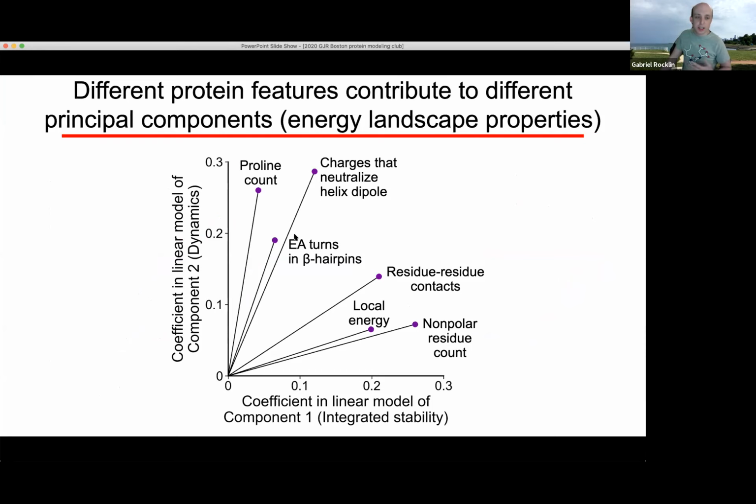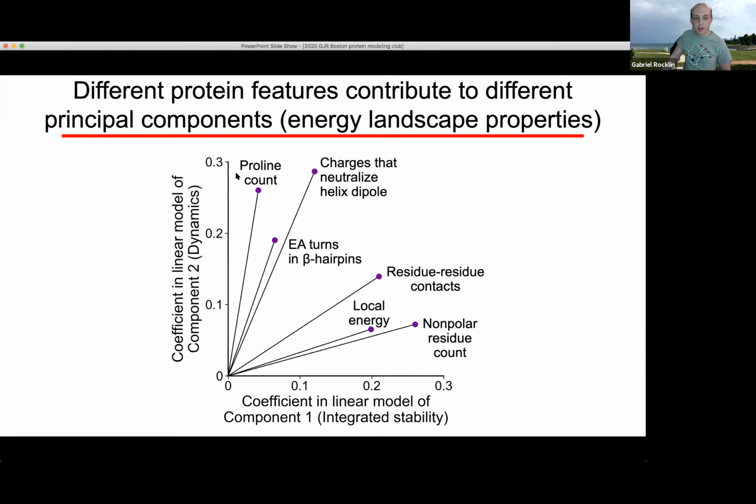And the interesting thing, and why I'm showing this to you, is that different features of the proteins influence the energy landscapes in different ways. So the total number of nonpolar residues has a pretty high coefficient in the linear model of principal component 1. So it influences the overall stability by a lot, but it has minimal influence on the cooperativity principal component.